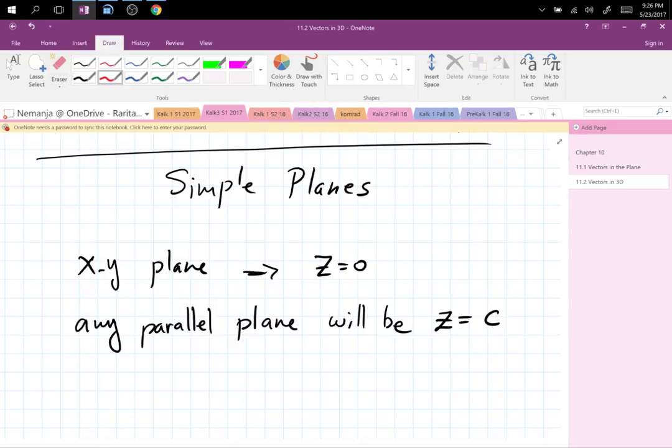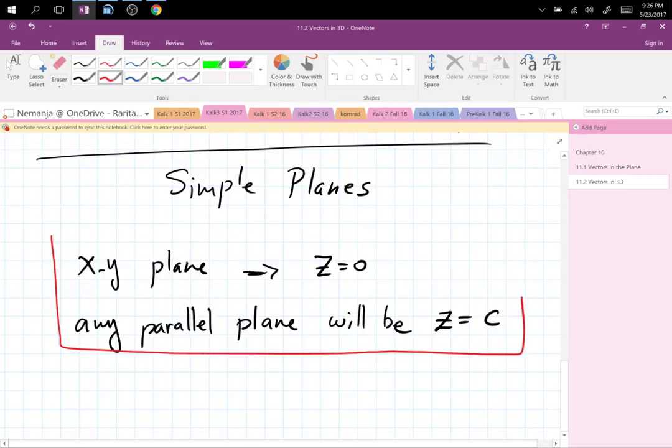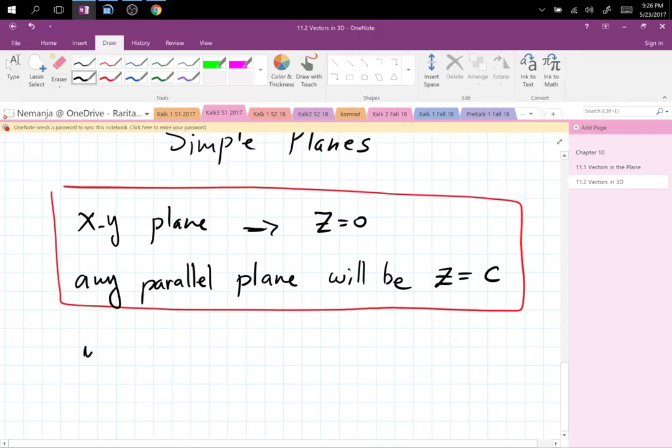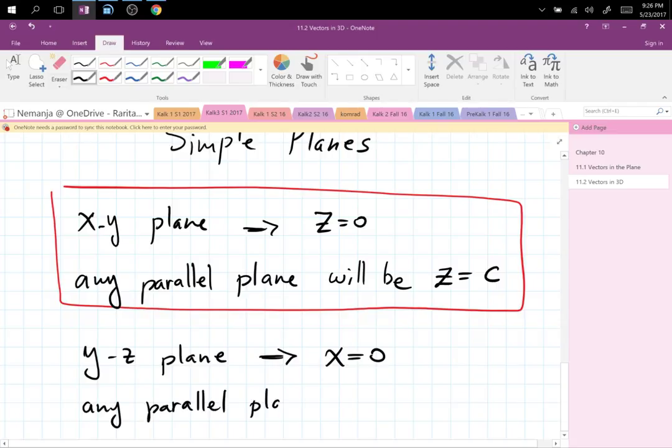I'm going to group this together. Then I have yz plane, which is described by x equals 0, any parallel plane will be, say, x equals a. Group those together.